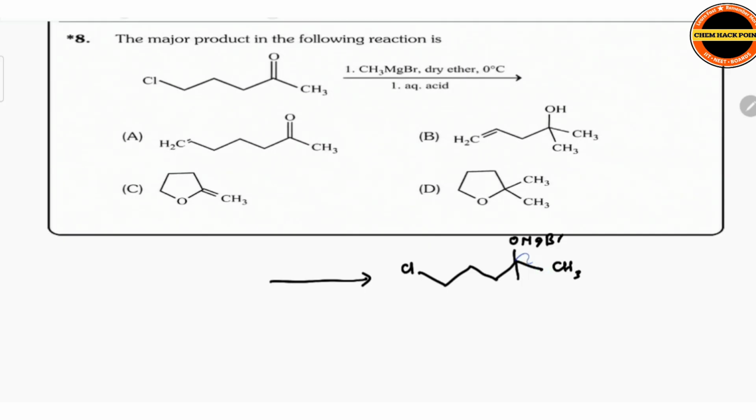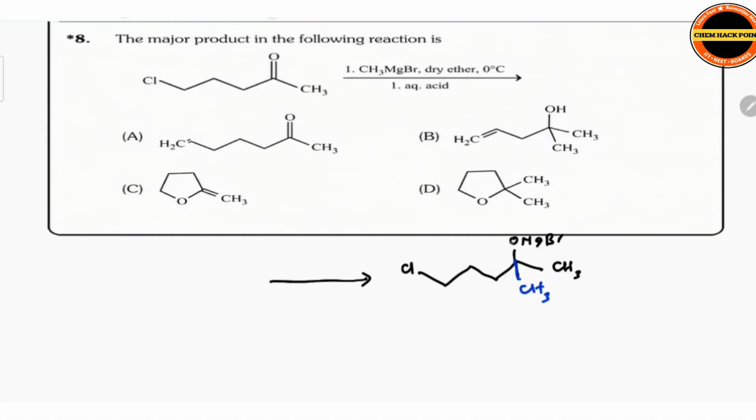That is CH3 from CH3MgBr. We know already how to frame the reaction. After that, the alkoxide ion attacks the terminal carbon having chlorine. This alkoxide ion attacks the terminal carbon having chlorine. So what happens now? So here OMgBr, CH3, CH3. So here what will you get?